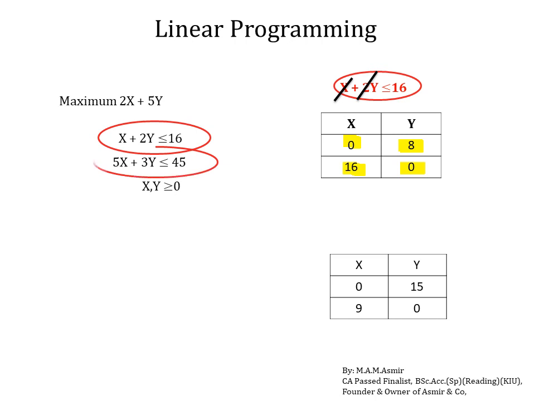For the second constraint, when x equals 0, y equals 15, and when y equals 0, x equals 9. Let's see how we can plot this information into a graph to derive the answer for the objective function.